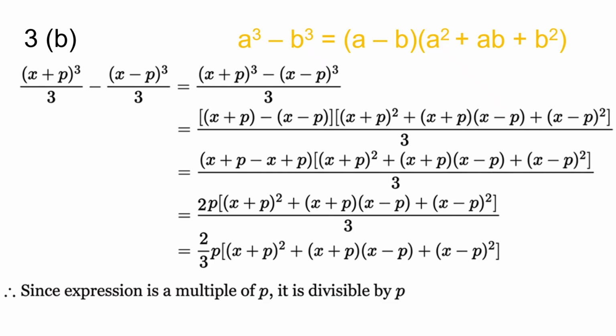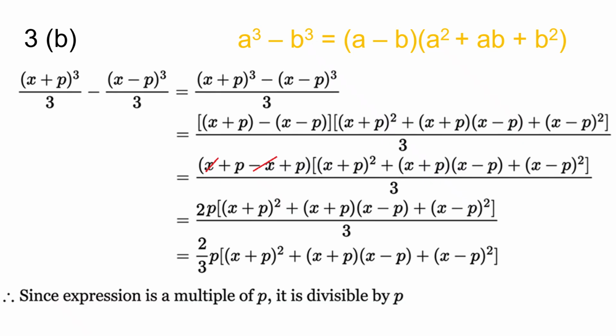The first bracket becomes (x plus p) minus (x minus p). The second larger bracket becomes (x plus p) squared plus (x plus p) times (x minus p) plus (x minus p) squared. Let's simplify. In the first bracket, x minus x cancels out, and p plus p gives 2p.